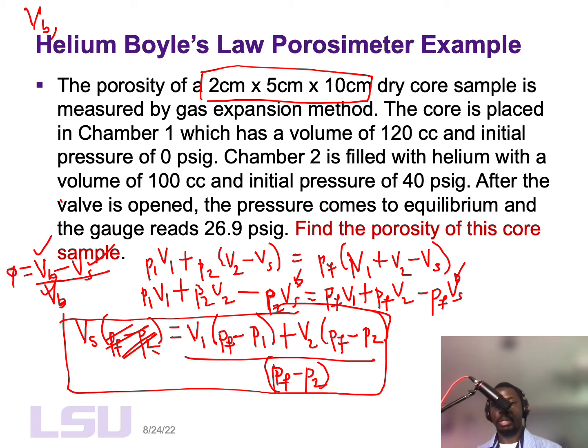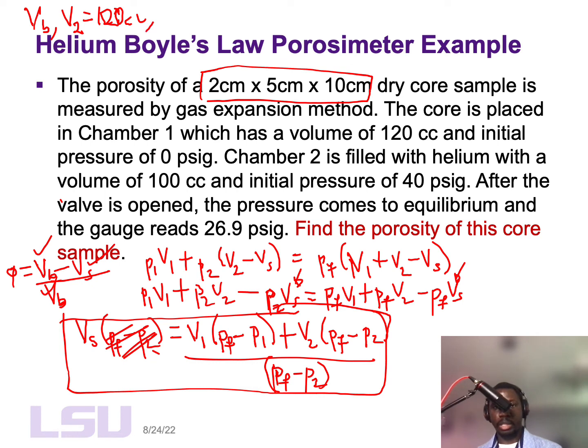So the core is placed in chamber 1, which has a volume of 120 cc. So basically V2 is for chamber 1, which is what I've explained. It's hard to write here. VB is 100 cc, cubic centimeter, 2 times 5 times 10. We don't need to worry about that.